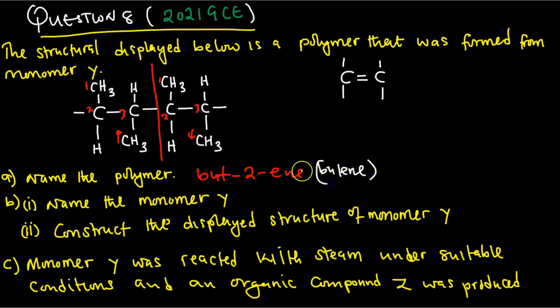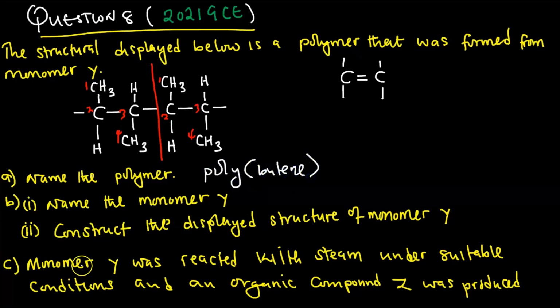To be on the safe side, what kind of butene was it? So, name the monomer Y. What was the first one? Name the polymer. The polymer, please, is called polybutene. So this one is called polybutene, which means a lot of butenes are joining.